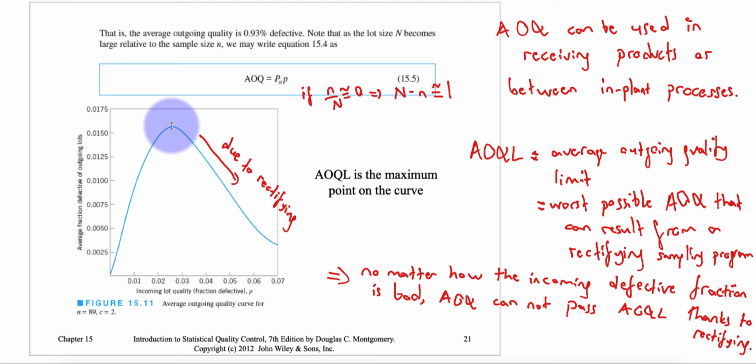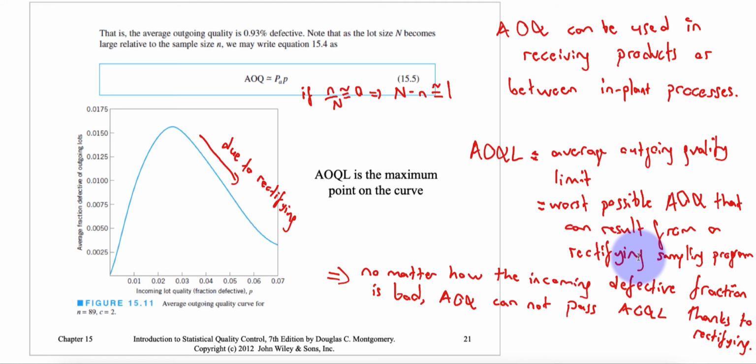That's why after a maximum point, the average fraction defective of outgoing lots will be reduced. So that point, the average outgoing quality limit, will be the worst possible average outgoing quality that can result from the rectifying sampling program.